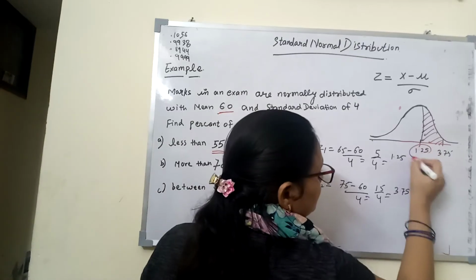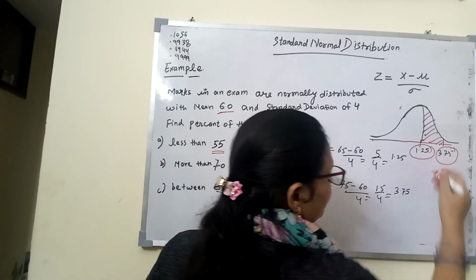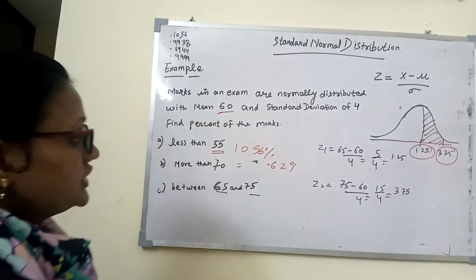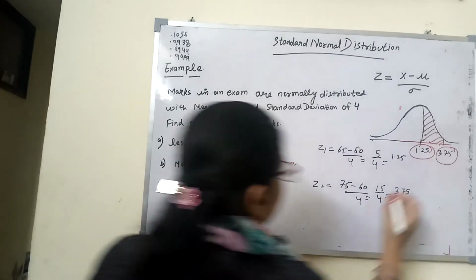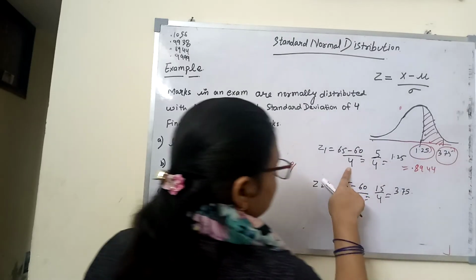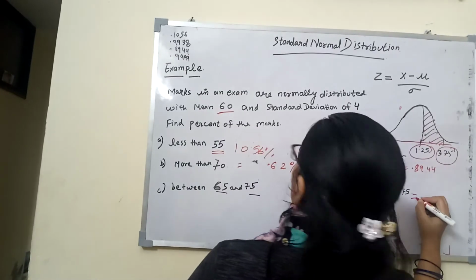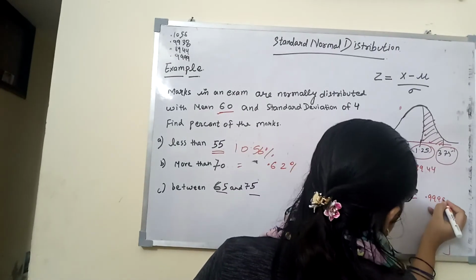We have to see the z score from the z distribution table for 1.25 and for 3.75. The value for 1.25 is 0.8944, and for 3.75 it is 0.999.